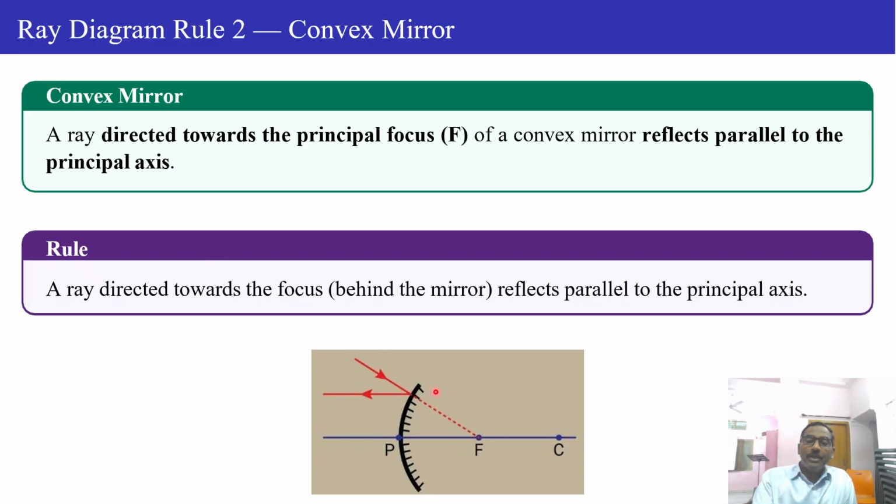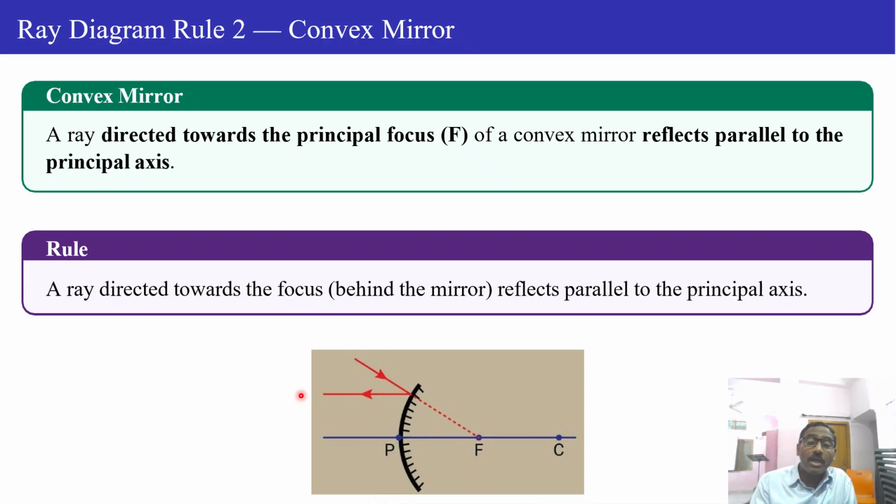See here, in the case of a convex mirror, the focus and the center of curvature are lying on the back side of the mirror. So this is the pole, this is the focus, this is the center of curvature. The outer curved surface is the reflecting surface.